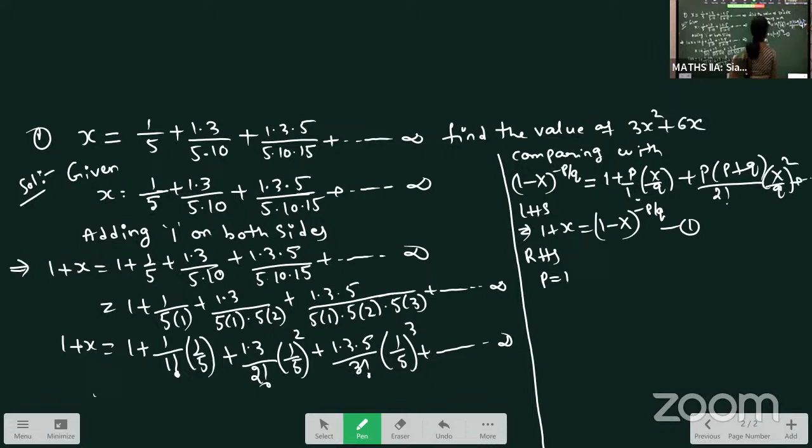In the second term, in the place of p we have 1, and in the place of X by q here we have 1 by q. X by q is equal to 1 by 5.